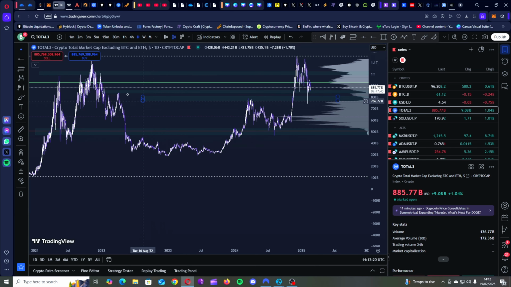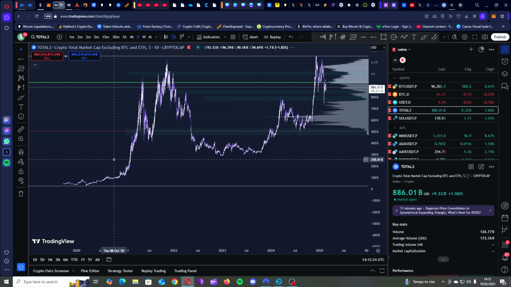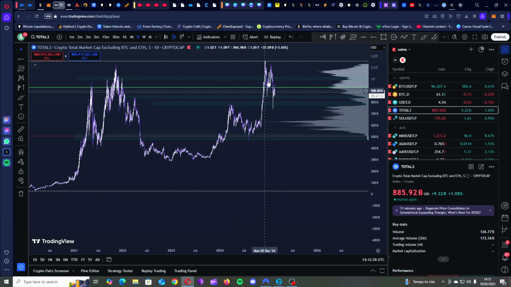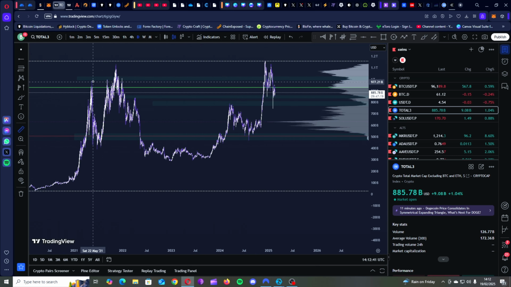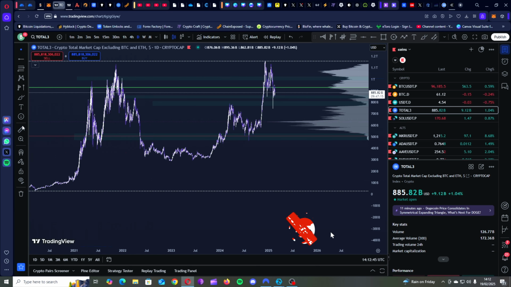So we've had a push up from here, looks very similar. That push, very similar. A drop, and what did we lose in total 3? 60%. Excuse me.